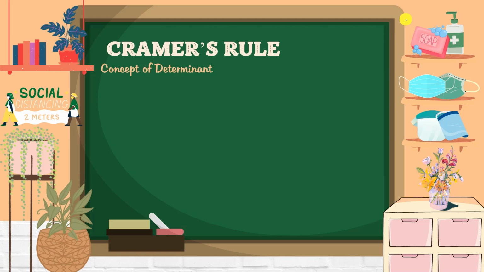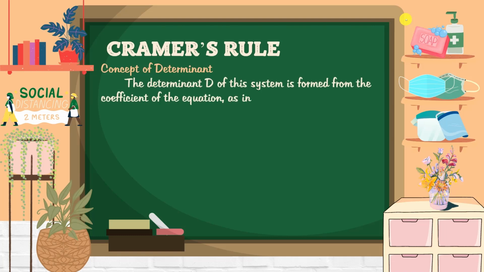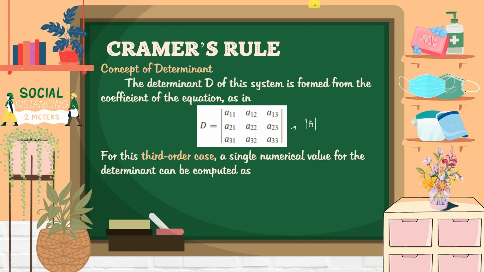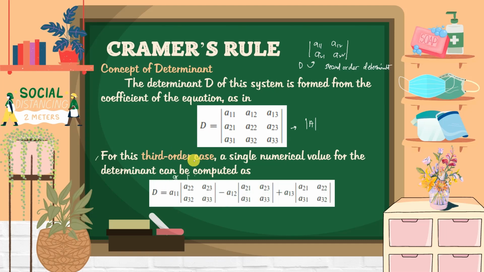In connection with the concept of determinant, the determinant D of the system is formed from the coefficients of the equations, as in D is equal to the determinant of the matrix A. So, take note class, the determinant here is also called a second order determinant. So for this third order case, a single numerical value for the determinant can be computed as these 2 by 2 determinants are called minors.